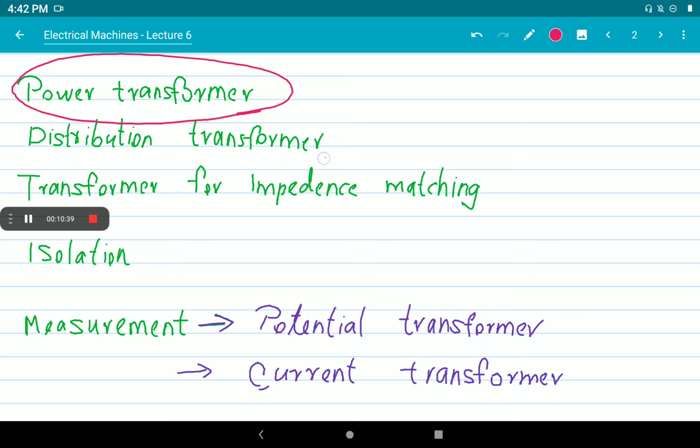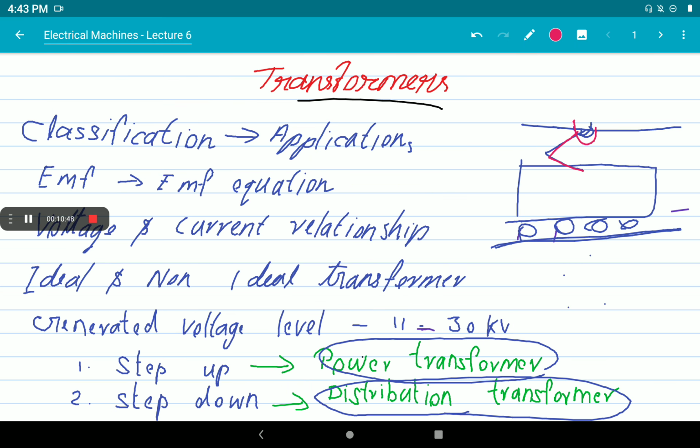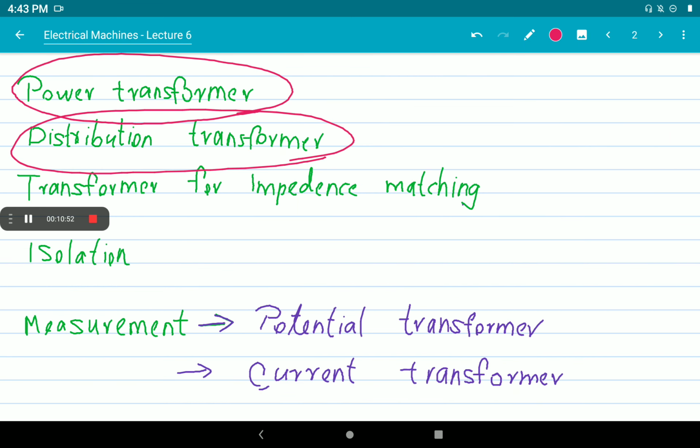Okay. Then the distribution transformer. Distribution transformers are used for domestic purposes to step down the voltage. Step down transformers are normally distribution transformers. A distribution transformer functions all 365 days, because distribution transformers have to be energized 24 hours.